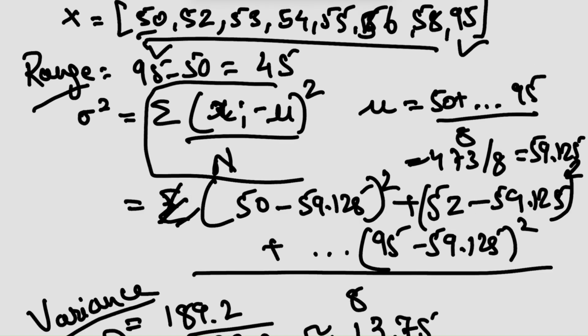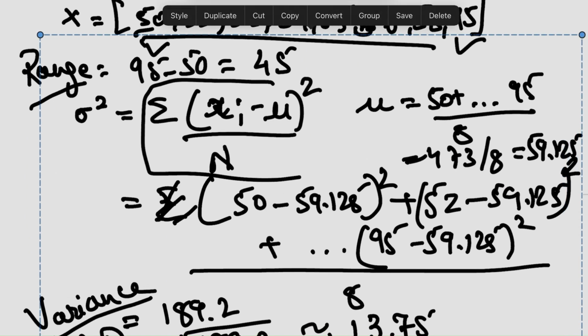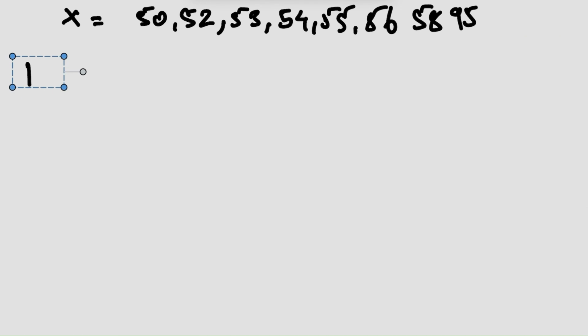Now in the same data, we will calculate the interquartile range. We have seen the definition already. So let's calculate the interquartile range. For this data, if you sort it first, the data is already sorted.